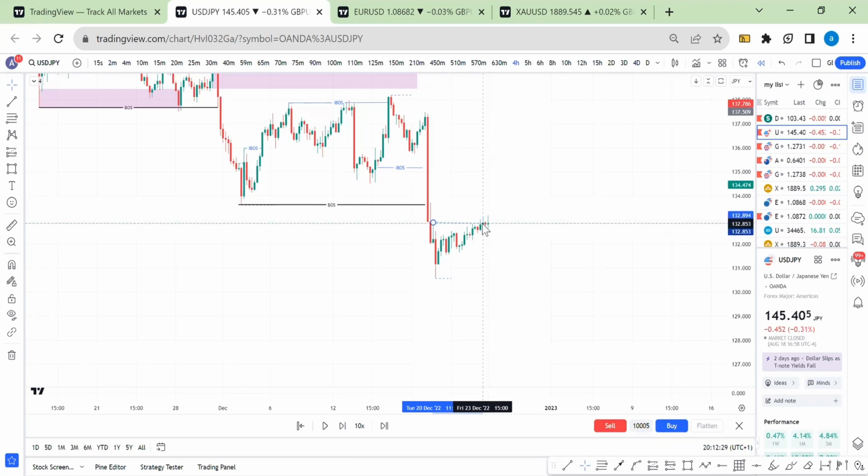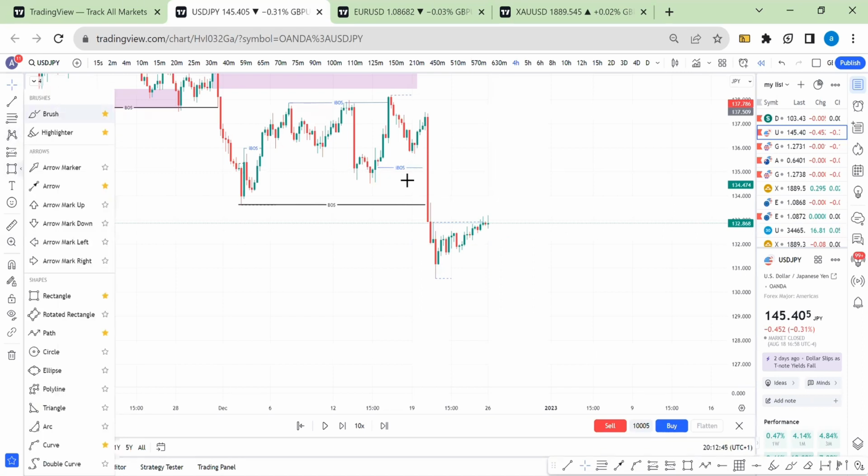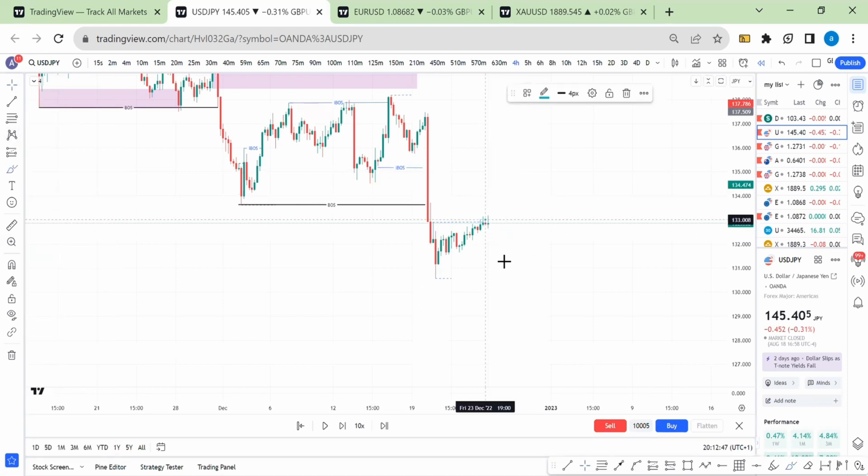This is kind of very big, but let's not call it. We can't really call it internal because of structure. So let's see. We expect price to pull back like this, then give us an internal break of structure right there.